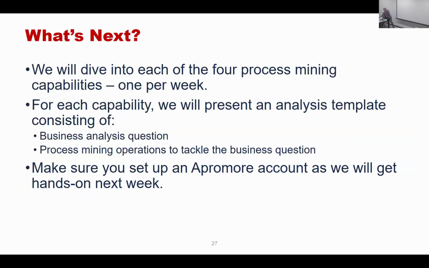And what's next? Next week, we will dive respectively into each of these 4 capabilities: first automated process discovery, then conformance checking, etc. For every one of these capabilities, I'm going to present around 4 types of typical business questions that you might ask in that context, and what sequences of process mining operations you can use to analyze them.